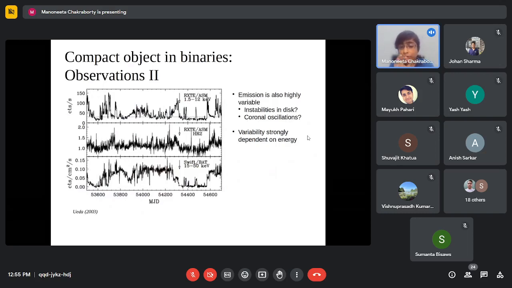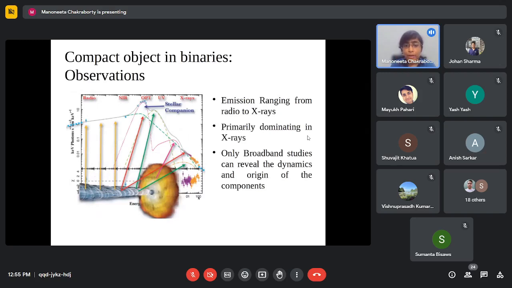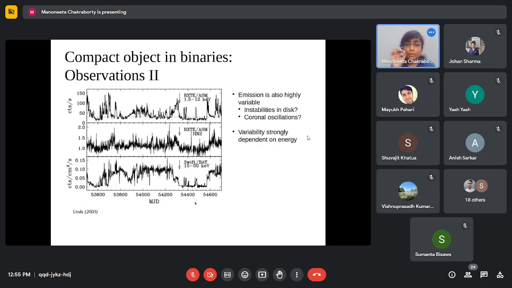The takeaway point from here is that radiation in a wide band is needed to understand these objects. The second important point is here what I show is, let's say, the flux from these objects versus time in different energies. And what you can see here is that the flux is not stable, but it's changing. It's showing a very, very strong variability.